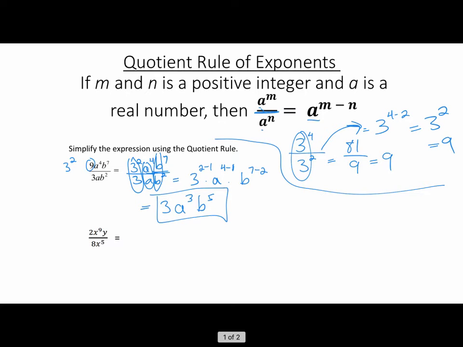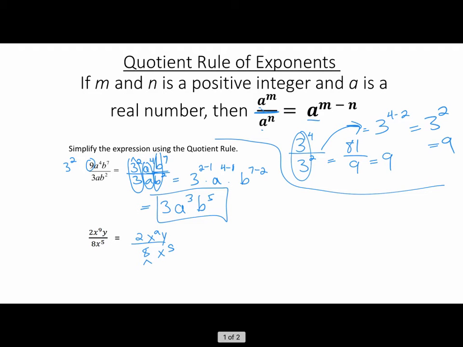Our second example here, let's say we rewrite 8 as 2 to the 3rd power. Oh, no, I don't want to do that because then I'm going to have to talk about a rule we don't have yet. So forget that. Let's keep it as 2 and 8, and we'll simplify it that way.